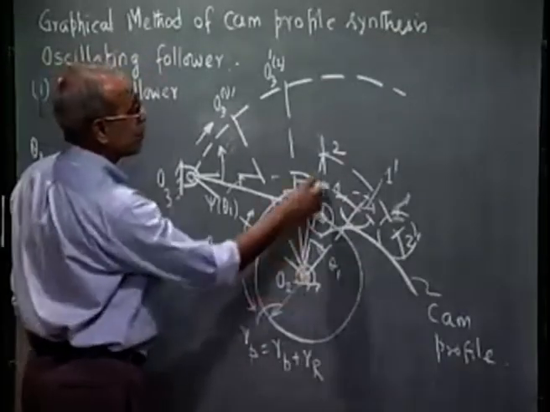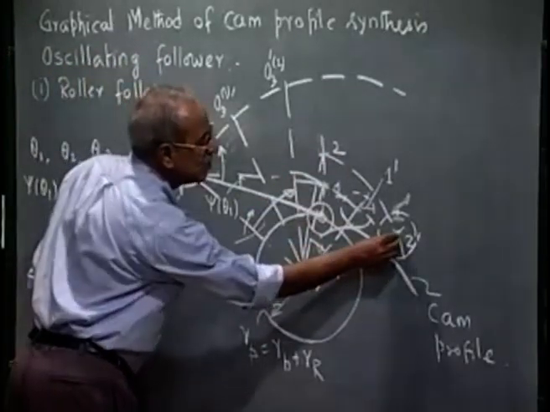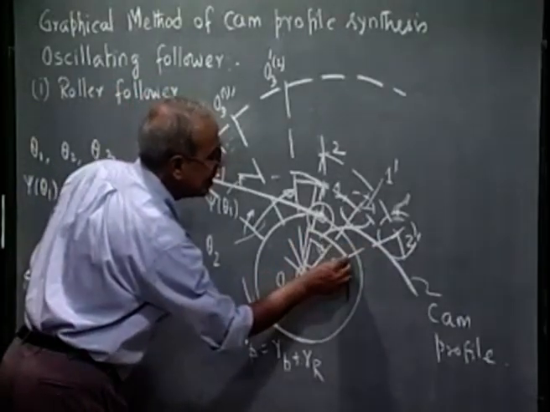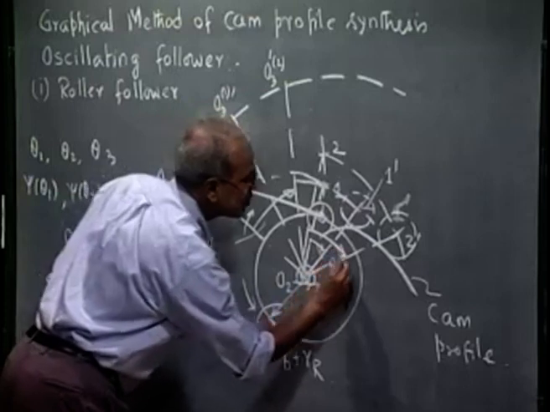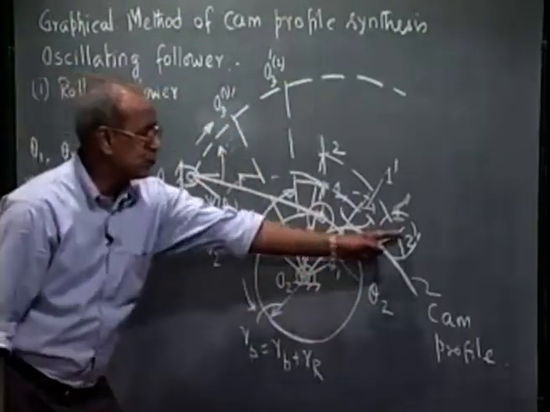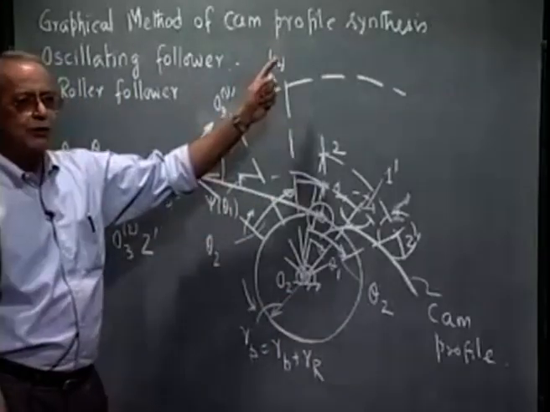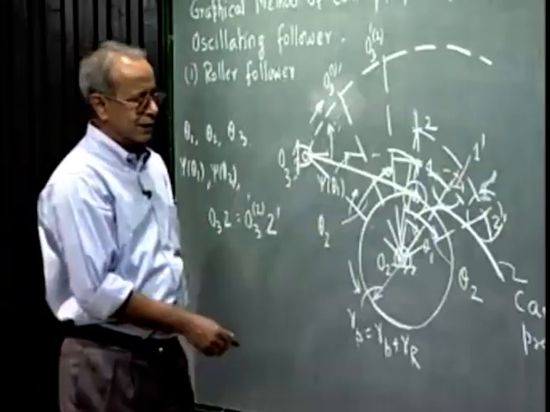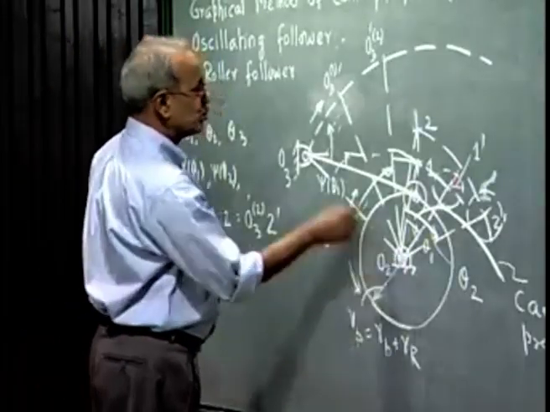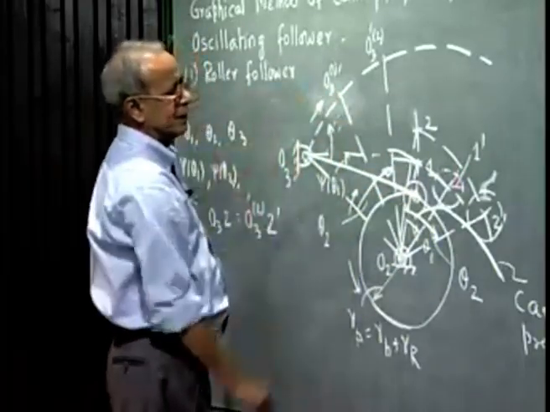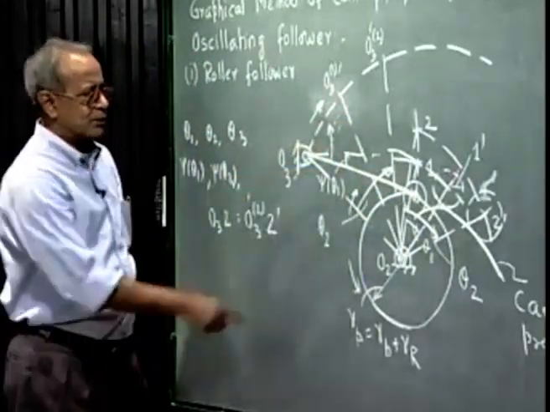Similarly, if I rotate O22 through an angle theta 2 in the clockwise direction, I get to 2 prime. This can be very easily proved from congruence of triangles, two equal triangles. You consider a triangle O2, O3, O1 and O3, 1, 1 prime, O2. You can show that very simply.